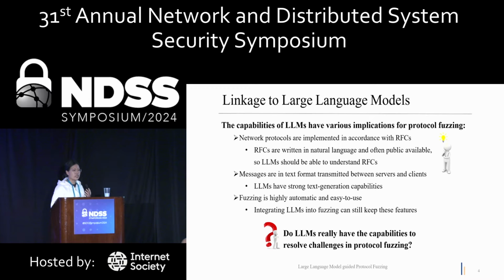Large language models are pre-trained on billions of text documents, and they have very strong text generation and text understanding capabilities. So we assume large language models should be able to understand the RFC documents and have knowledge about the state machine and the message structures.